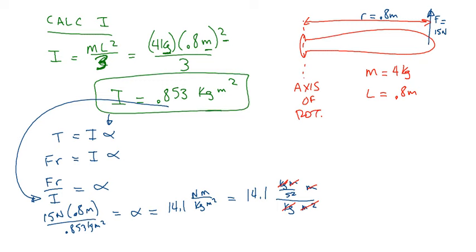And what I end up with is 14.1 something over second squared. This is one of those times when the radian is just going to pop in, pop out. We saw that in chapter 6. So this is radians per second squared. We're looking for an angular acceleration. Right there's our angle. There's how fast it's speeding up. And 14.1 is the number that we need there.